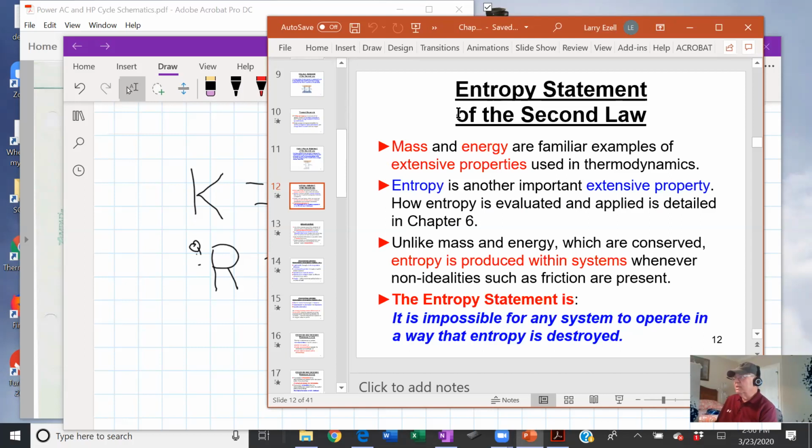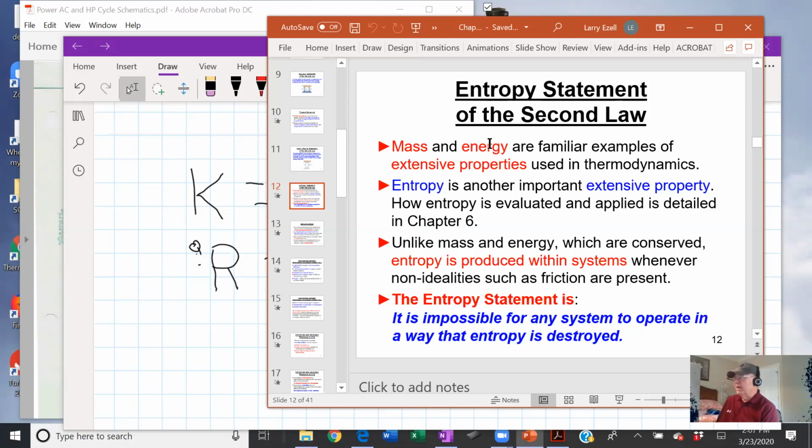Here's the entropy statement of the second law, and we haven't even studied entropy. So on a test on chapter 5, I couldn't ask you about entropy. But here's some things about entropy, and it's very important, as we'll see. Mass and energy are familiar examples of extensive properties.